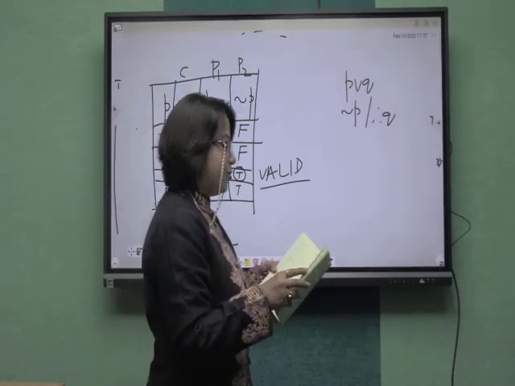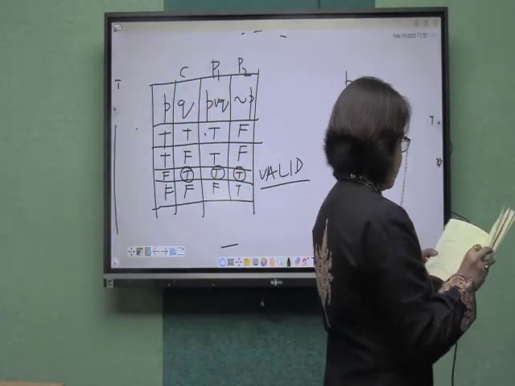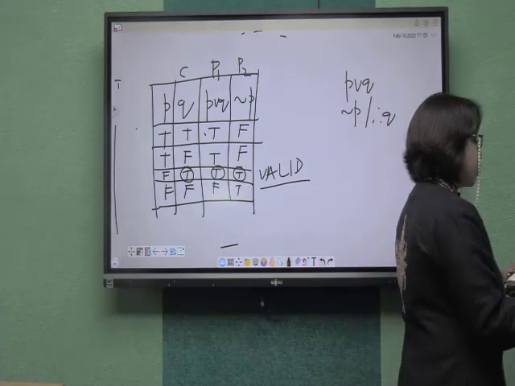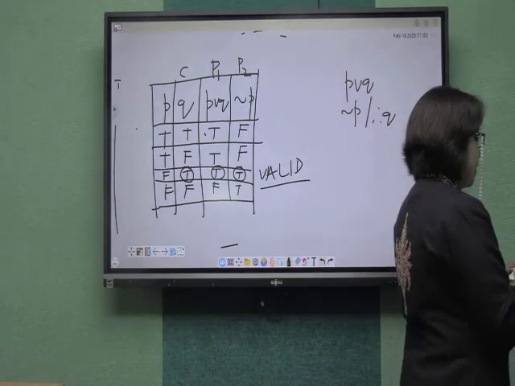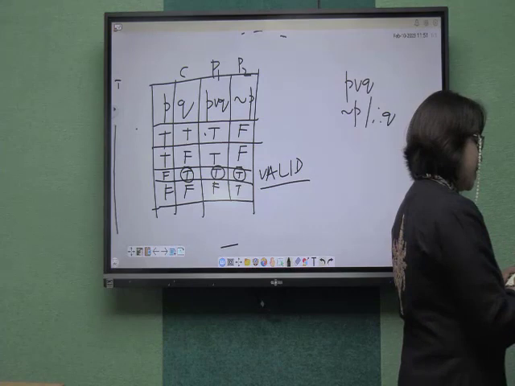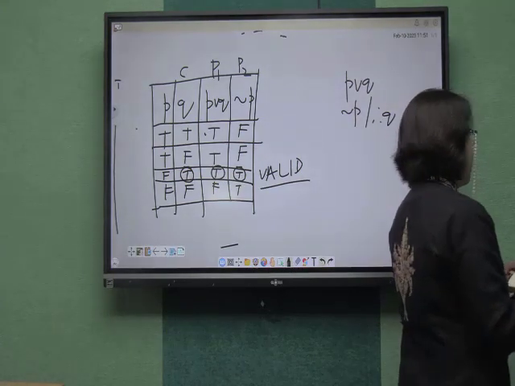Now let's have a look at another little example, which is going to help us understand what an invalid argument form looks like.